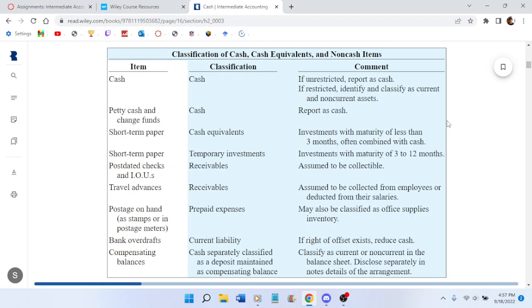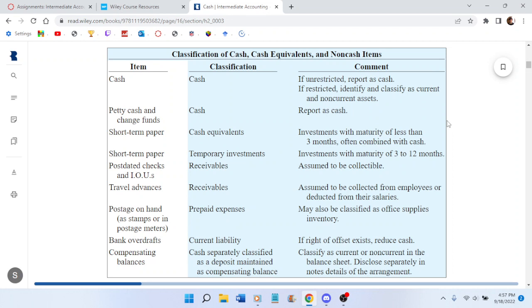Oh, so the comment is describing what it is, right? Short-term paper. Investments with maturity of less than 3 months, often combined with cash. Temporary investment. Investment with maturity of 3 to 12 months.